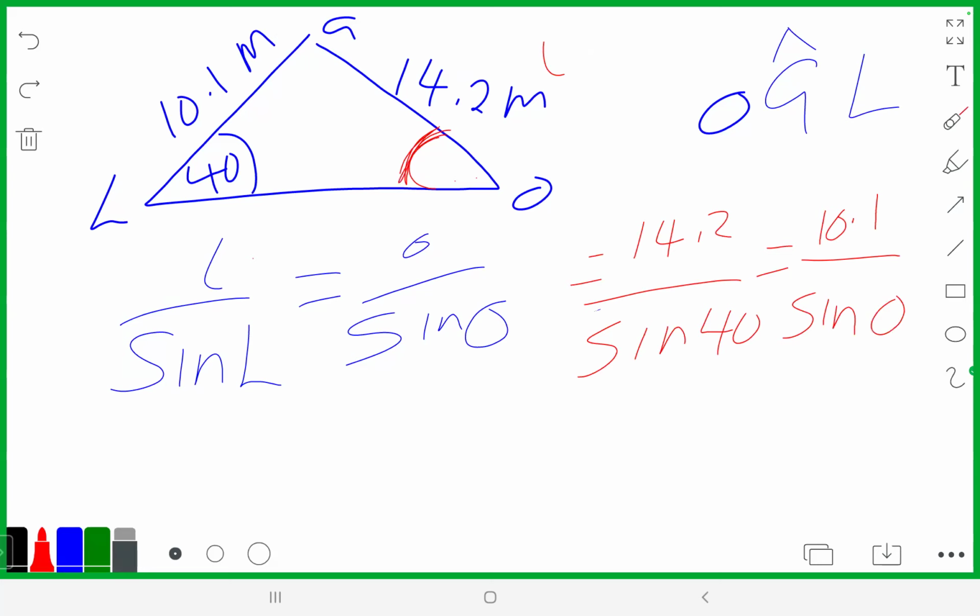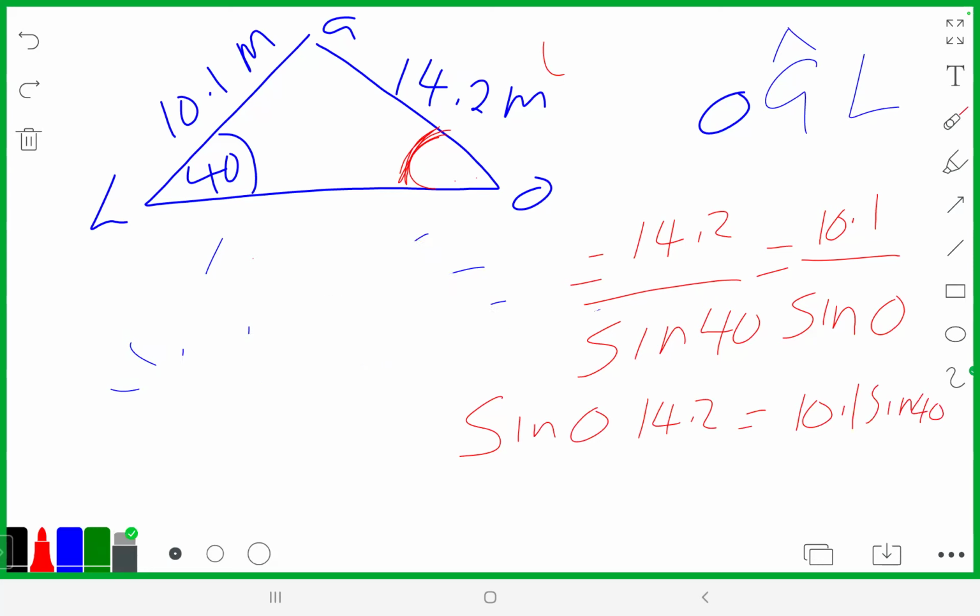So cross multiplying, we'll have sine O times 14.2 equal to 10.1 sine 40. Right? Yes. Are you following? Yes. So let's work out this now. Let's work out the right hand side.